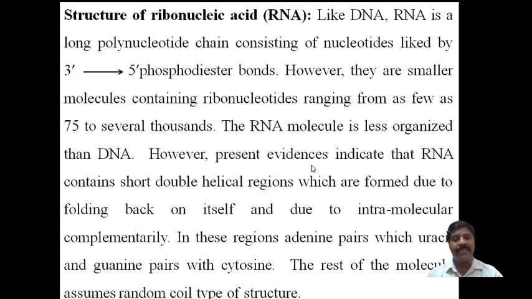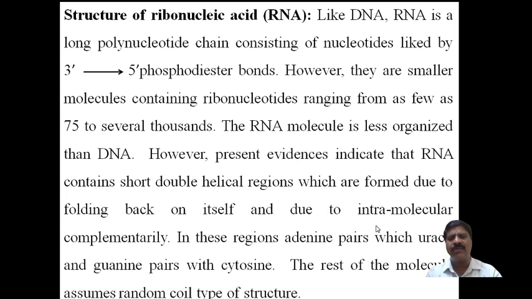However, present evidence indicates that RNA contains short double helical regions. These are formed due to the folding back on itself and due to intramolecular complementarity, or holding due to intramolecular hydrogen bonding.